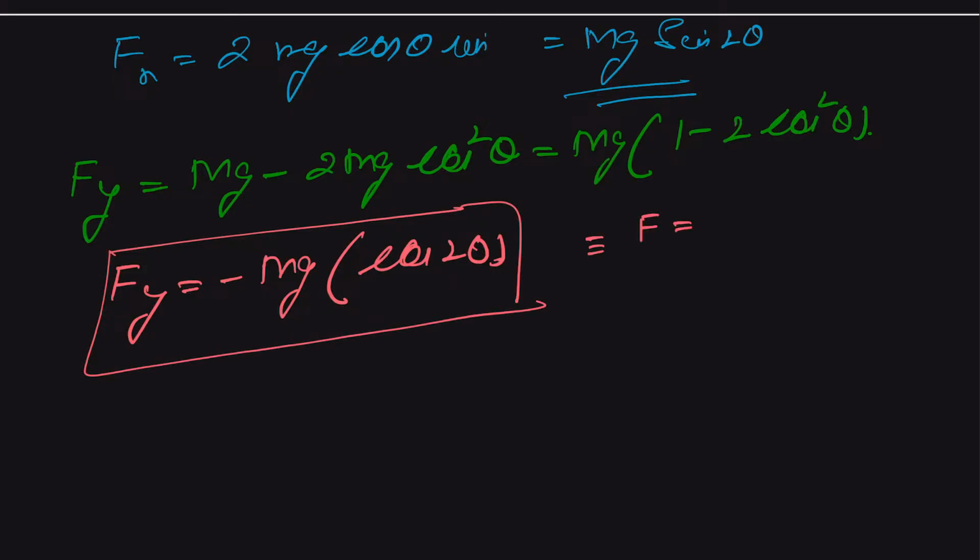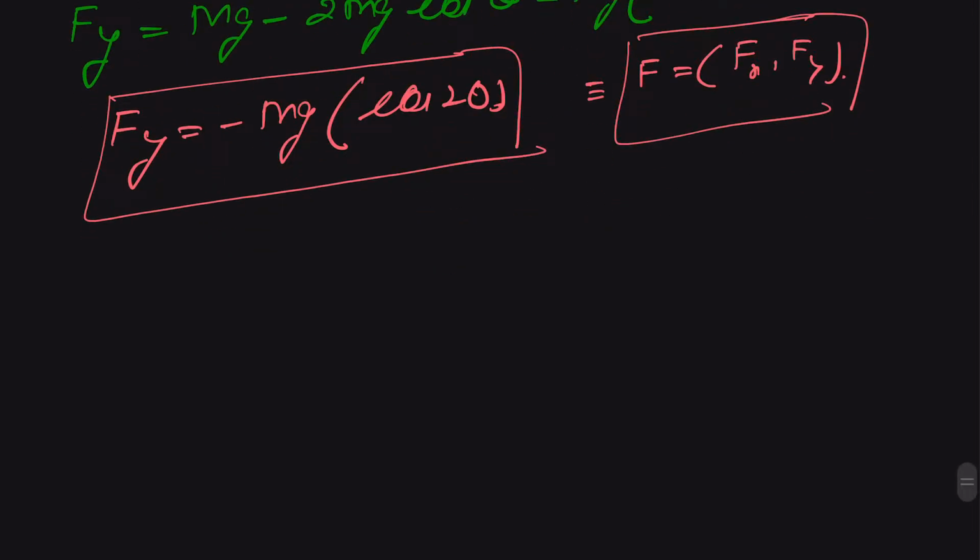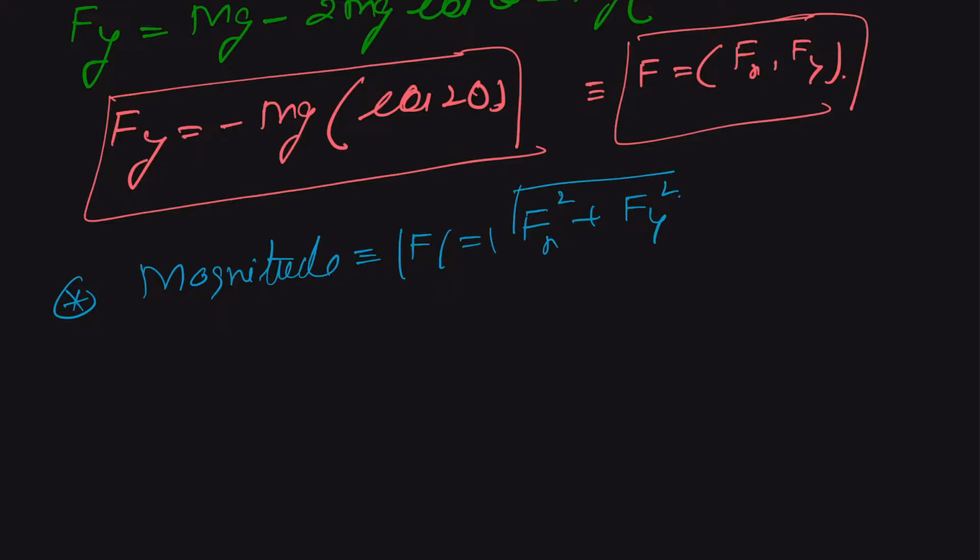So we know that F was having two components, x as well as y. Now we can easily find out their magnitude. So magnitude F will be equal to the square root of Fx square plus Fy square.